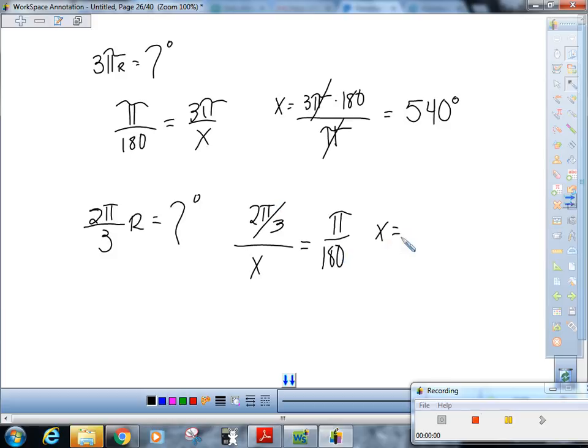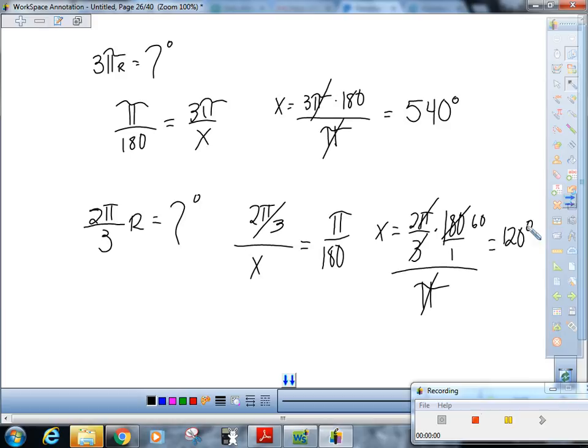So x equals 2 pi over 3 times 180 divided by 1, and then divided by pi. Okay, let's see. Make that a 60. The pi's are gone. You get 2 times 60, 120 degrees.